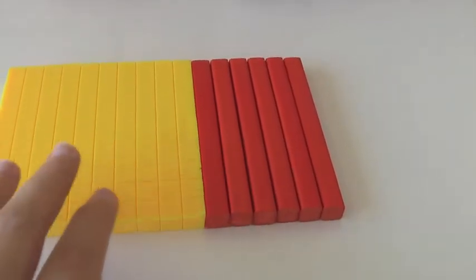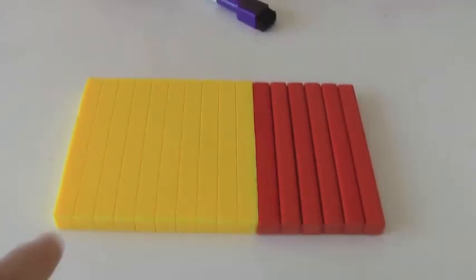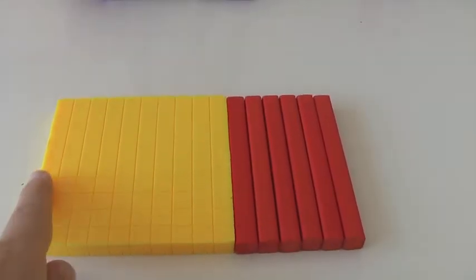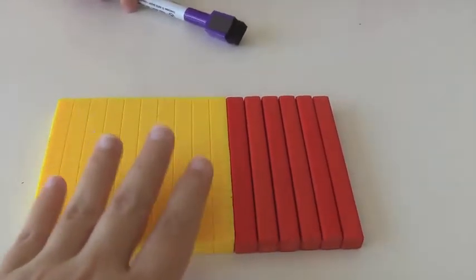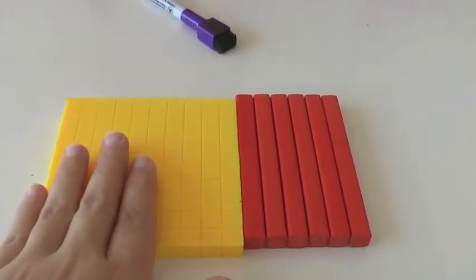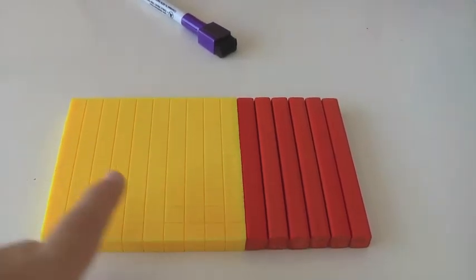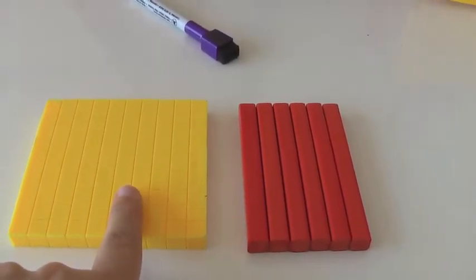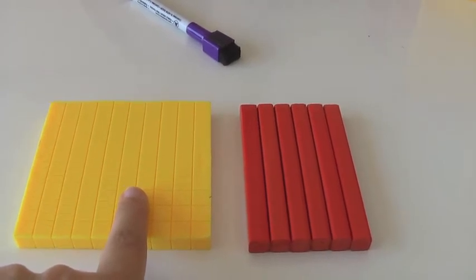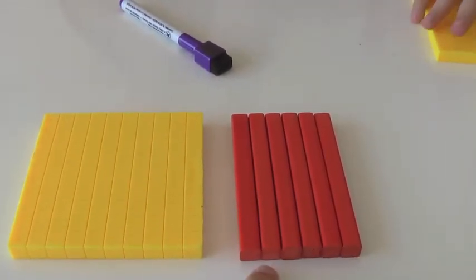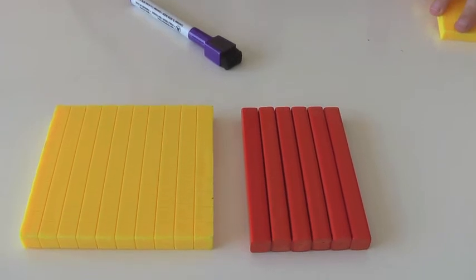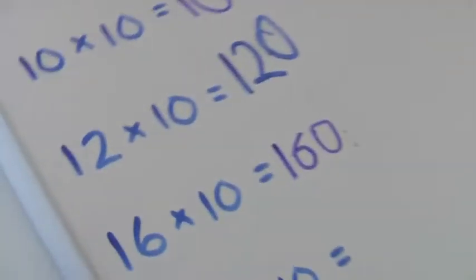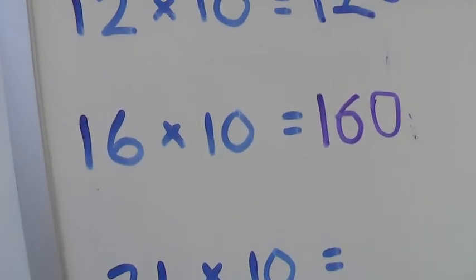Then you would have them get out 16 of the 10s and replace 10 of them with this. And now we can see how much it is, Haven. 160, and she wrote that there.